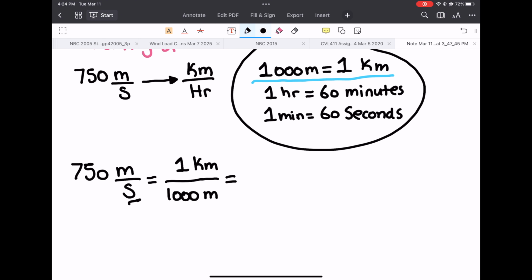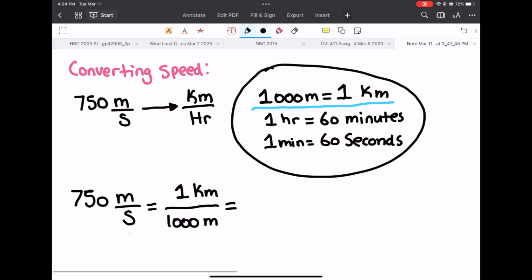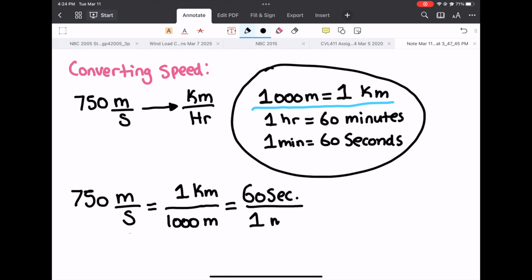We see seconds over here, and we see that 60 seconds equals 1 minute. Now seconds is in the denominator, so in order to cancel seconds and seconds out, we need to put the seconds at the top. So we put 60 seconds at the top, and 1 minute goes on the bottom.